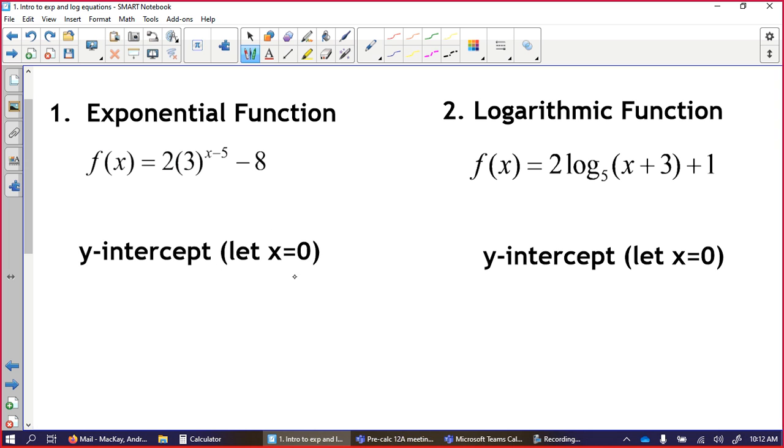To find a y-intercept, we set x equal to 0. So y equals 2 times 3 to the 0 minus 5, minus 8. Can we solve this equation? y equals 2 times 3 to the negative 5, minus 8.